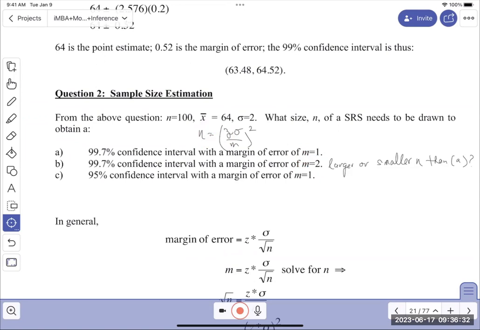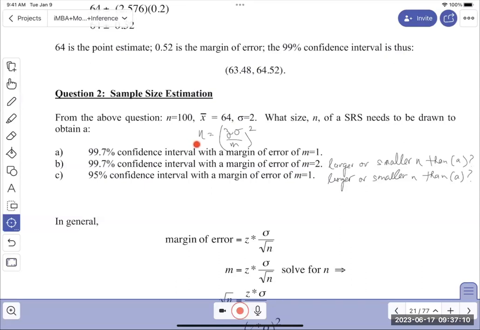What about C? So in C, is it larger or smaller? If we have the same margin, but a lower confidence level, I don't need to be as confident. So m is the same, I'm going to compare to A. When the confidence level goes down, what happens to n?